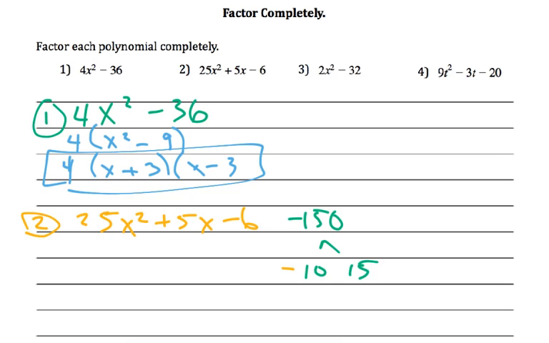So there's a negative right there in front of that 10, and I'm going to rewrite this as 25x squared minus 10x. Order doesn't matter. I can do 10x and then 15x, or I can flip it around. You'll always end up with the same result.